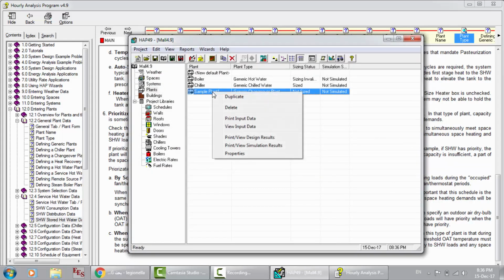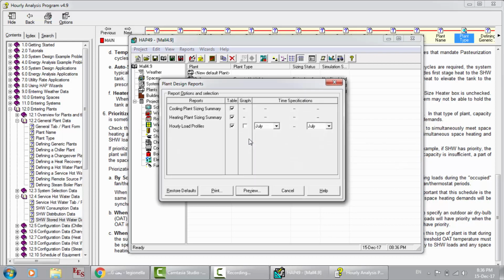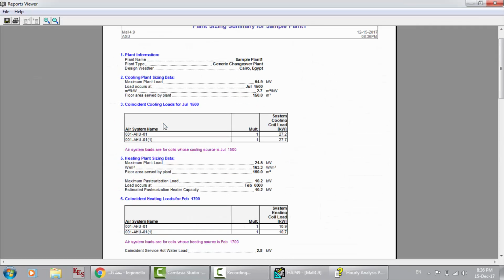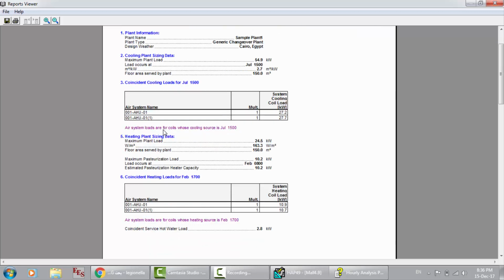Okay. And you can print design results. So you find here, like we have shown, the system cooling coil load for each system, and it may be different from the peaks of the plant itself. And here is the heating plant sizing data, okay, the maximum plant load here, the cooling plant, and here are the heating plant sizing data.